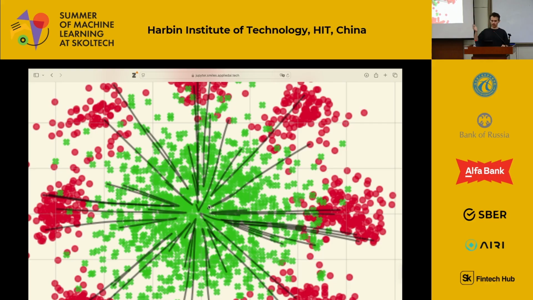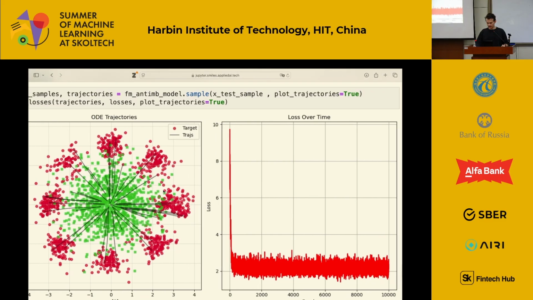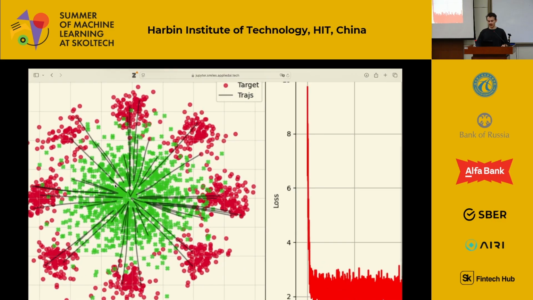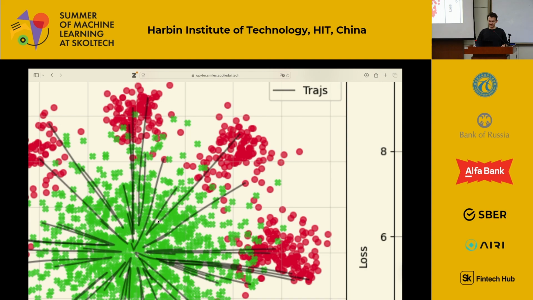This will take a lot of compute for inference, and the pairs that you get are not very good. Actually, the loss is lower than for the independent transport plan that we considered first. But the independent transport plan is better than this one, because its trajectories are a little bit curvy, while these are much more complex trajectories.